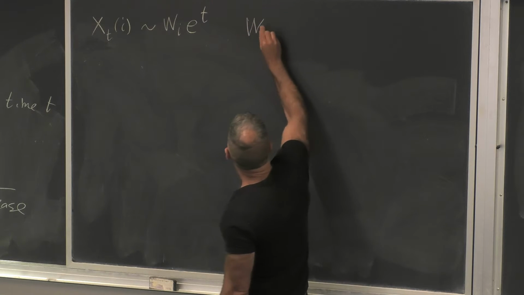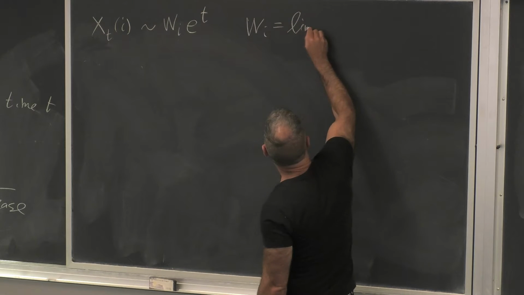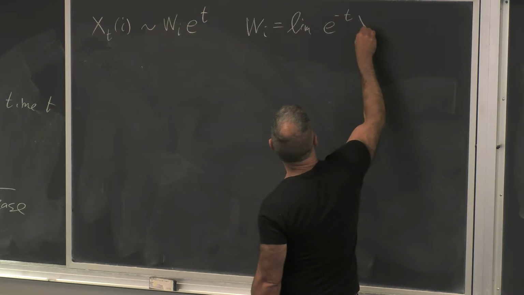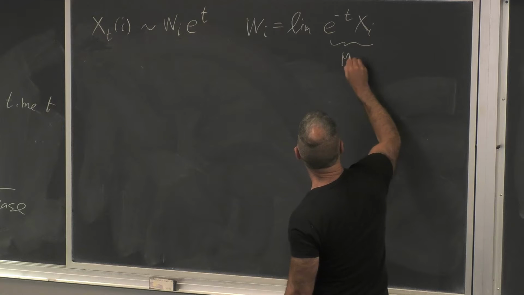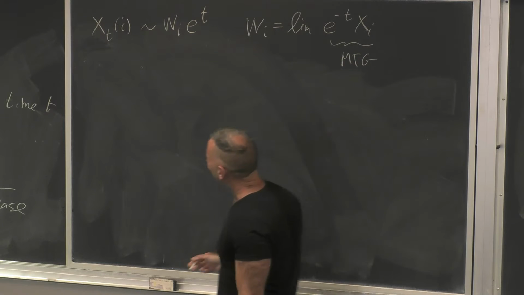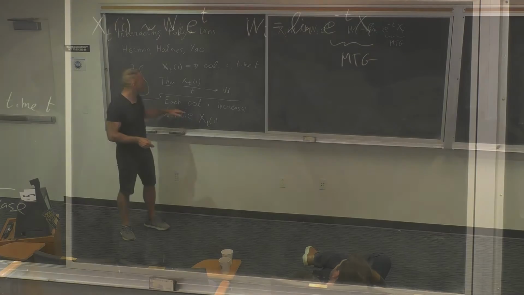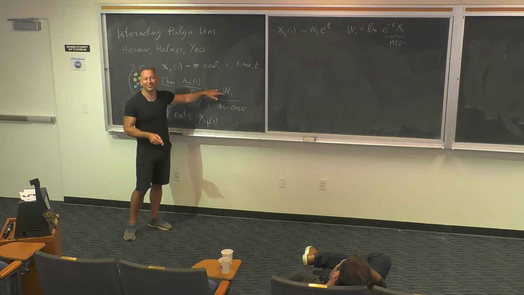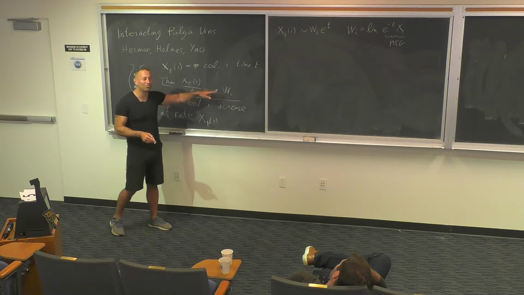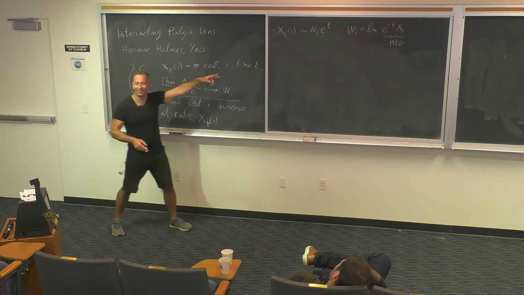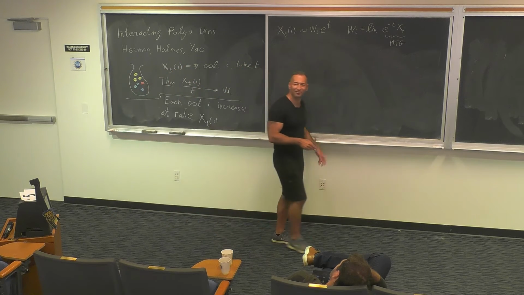So w_i is the limit of e^(-t) x_i, which is a martingale, so it has a limit, and the ratio between the different w_i's gives you the asymptotics. These w_i's are not the same as those: here, those w_i's are normalized to add up to 1, whereas those w_i's are just i.i.d. variables for the different colors.